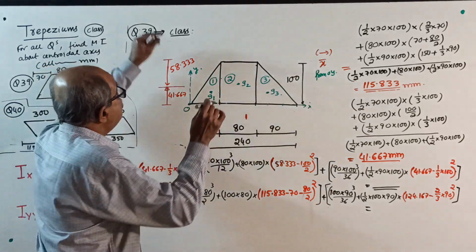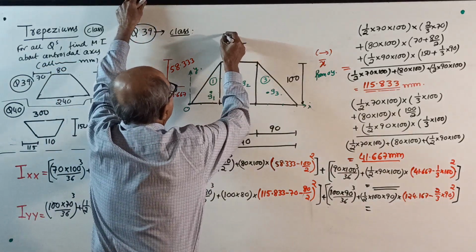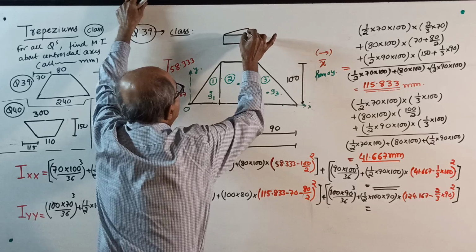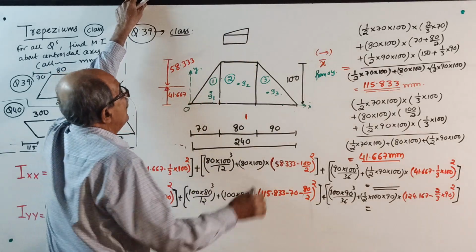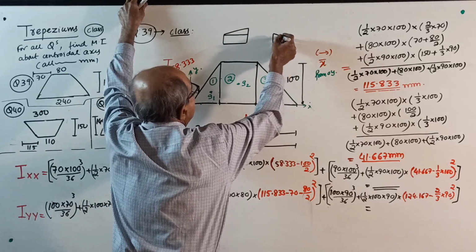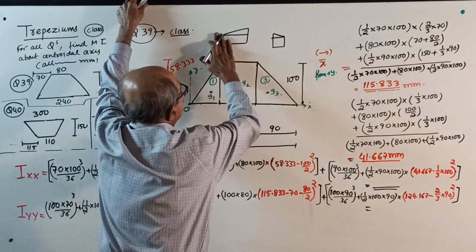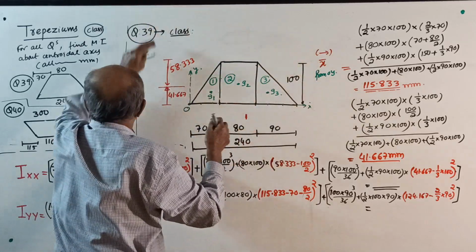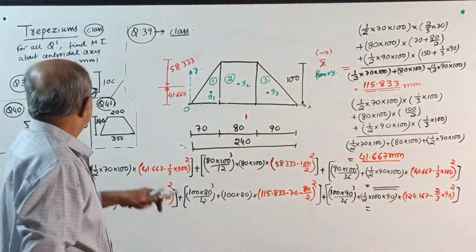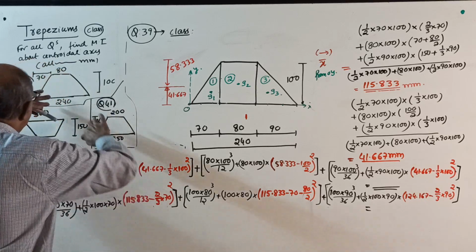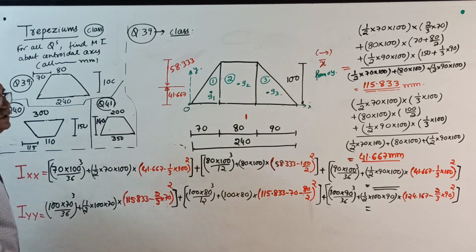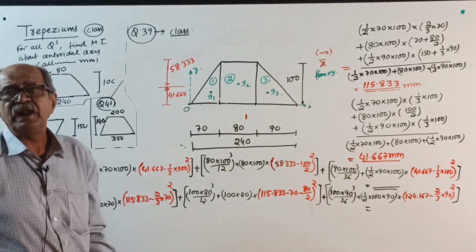But if the trapezium is this way, then you will get only one rectangle and triangle. Or if the trapezium is like this, you will get rectangle and triangle. So therefore, when the offsets are on both sides, with respect to this side, other side, both side offset, you will get a rectangle and two triangles.